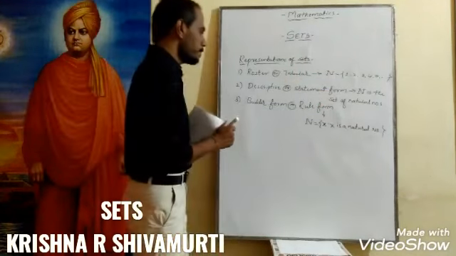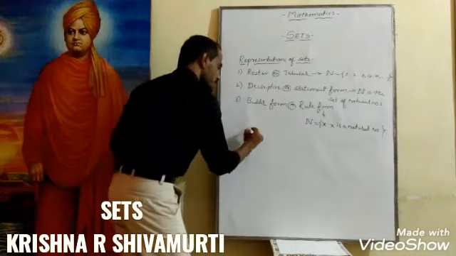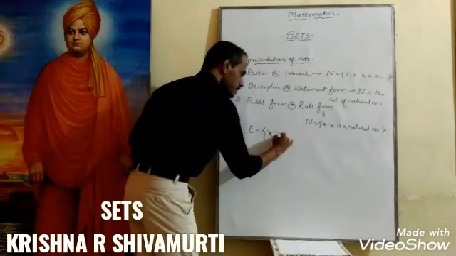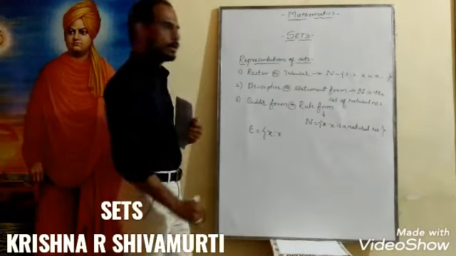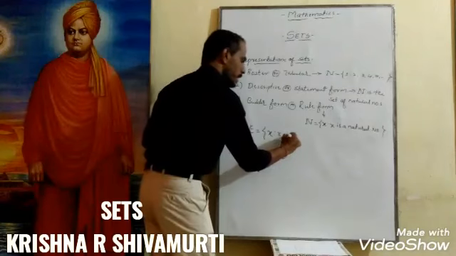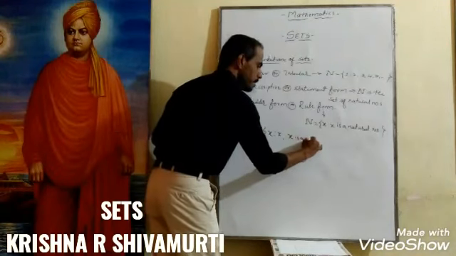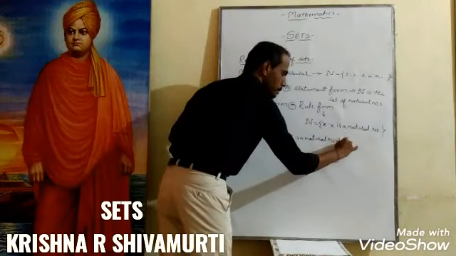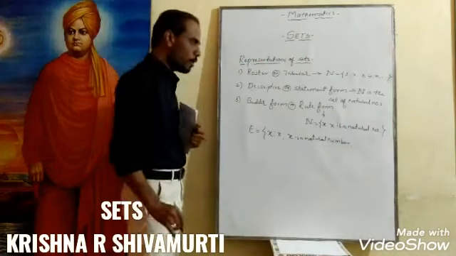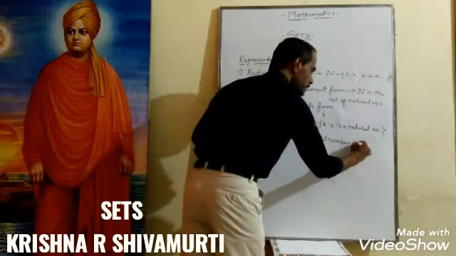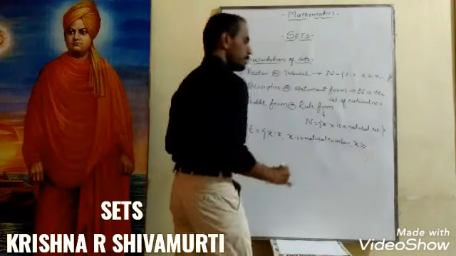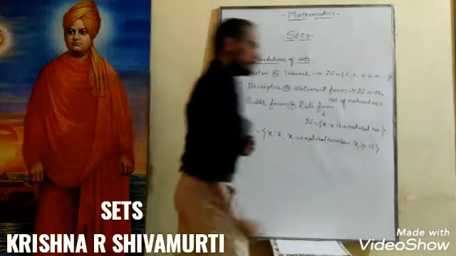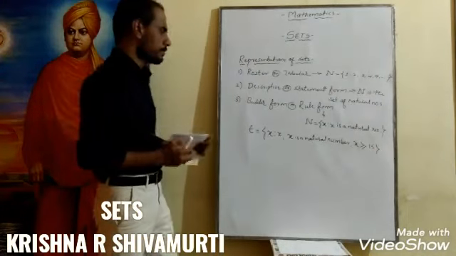For example, another example we have to take. Set E is equal to {x : x is a natural number, x is greater than or equal to 50}.